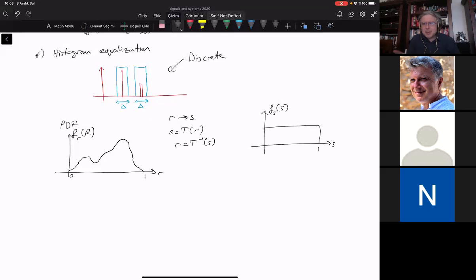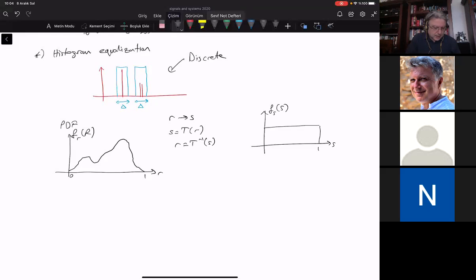There exists a mapping which makes it a uniformly distributed random variable. So what is that mapping? It is the thing that we are looking for, and that mapping is something algorithmic. That algorithm, when you discretize it a little bit, will become the histogram equalization.